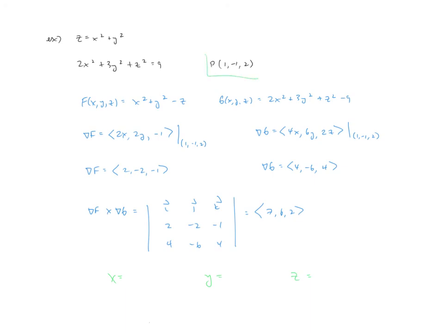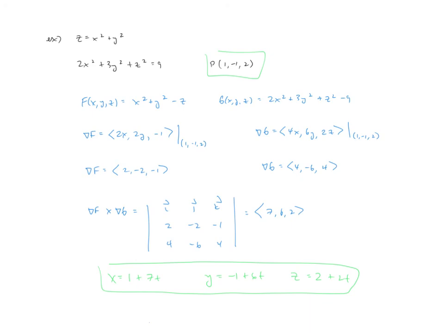This being the point that we're using, we'll have those 1, negative 1, and 2, and then plus 7t, plus 6t, and plus 2t. So this would be the parametric equation of the tangent line to the intersection of these surfaces.